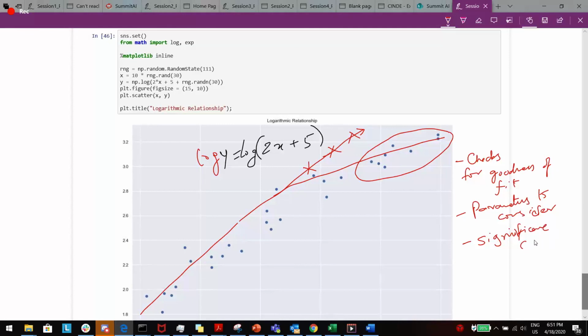We'll talk more about hypothesis testing and p-values here, and also standardized estimates.